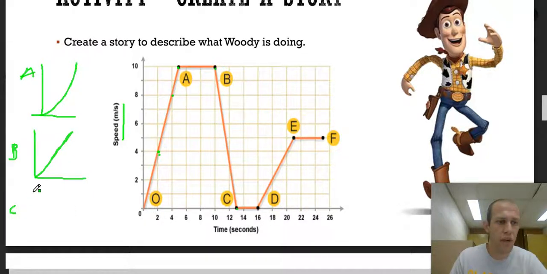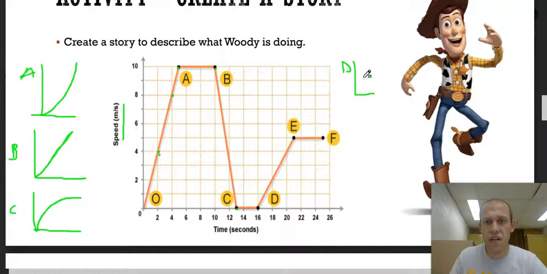So he was going fast, and now he's slowing down. So that will look something like this on a position time graph, to where it flattens out and his position is no longer changing. Right here we see the speed is 0, so he's not moving at all. What that means for us on a position time graph is just a flat line. The position is staying the same.